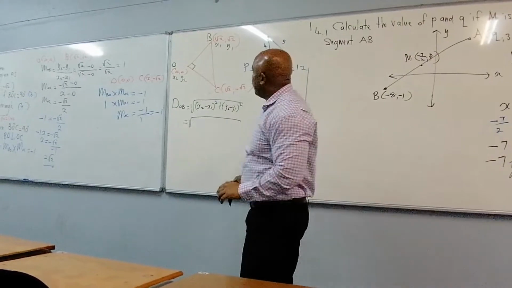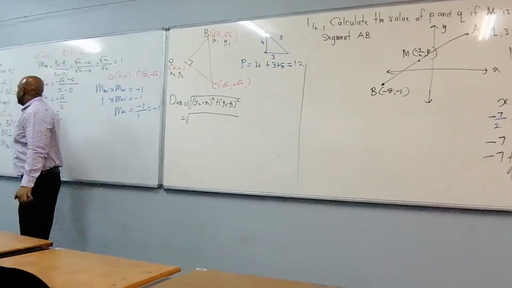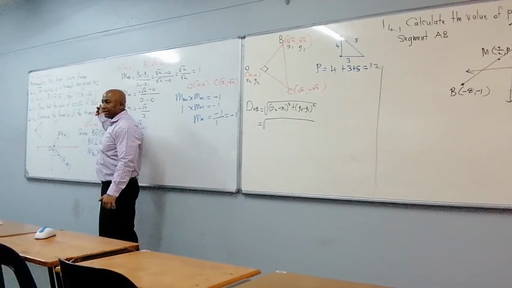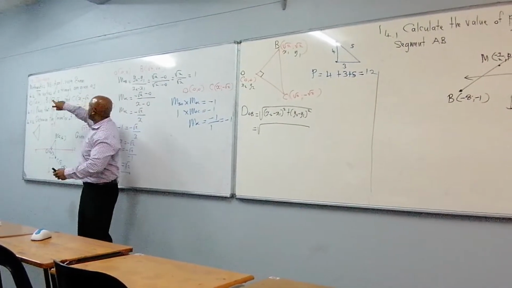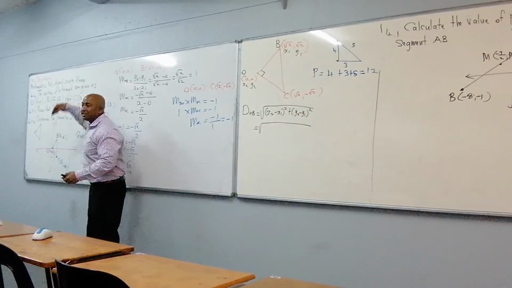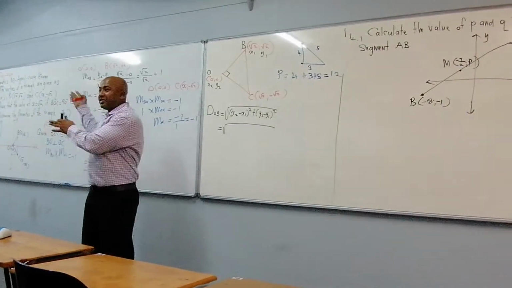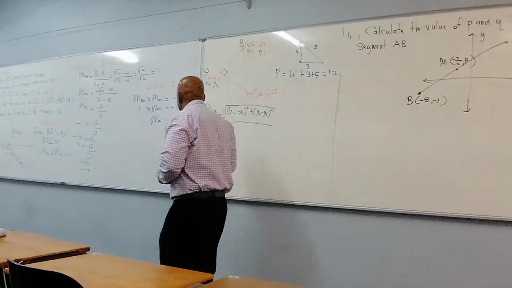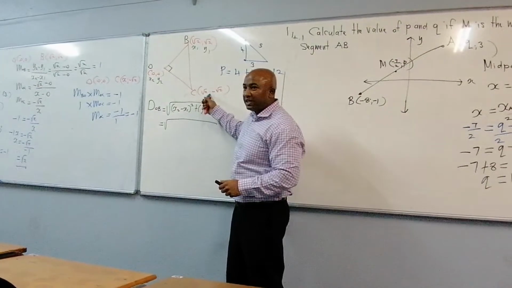What's good about this question is even if you did not work out 4.2.1, they still gave you the answer, so you must put it in there and use it to answer the next one. You follow? Even if you got that wrong, it doesn't mean you're going to get everything wrong. You can still work out the next one. This is the one that was missing. Remember, this is the one that we worked out now.